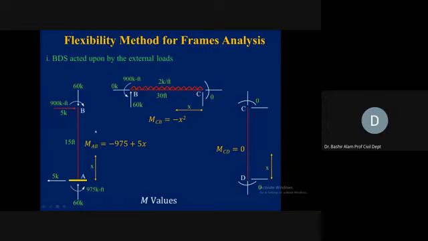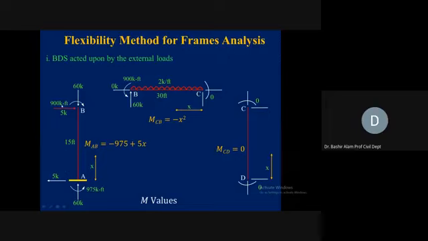Now taking AB, the vertical reaction at A will keep in equilibrium this 60 kip. 60 is downward, so this 60 is in the upward direction. 5 kip is rightward directed, so 5 kip leftward directed, so horizontally this member is in equilibrium.